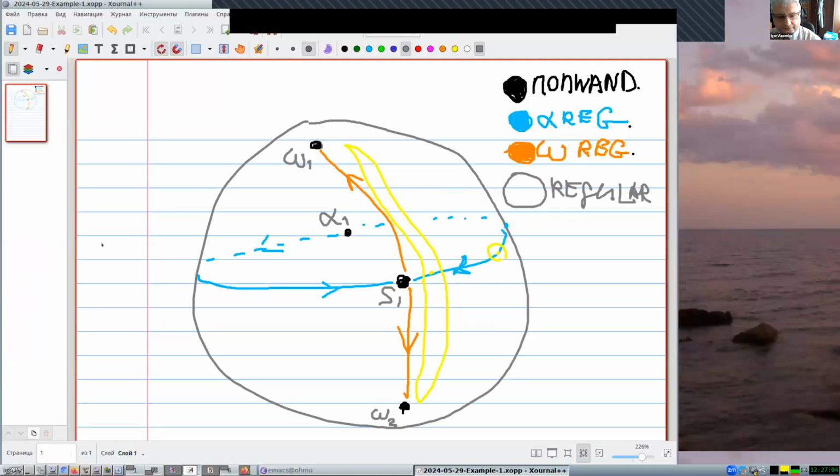I'll show an example: a simple dynamical system on a sphere. We have a 4-point non-wandering set, which consists of 2 sinks, 1 source and 1 saddle point. The rest of the points are wandering, but we have a further subdivision.